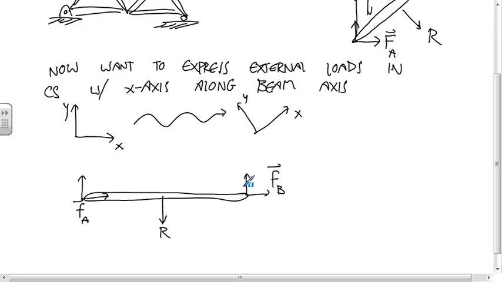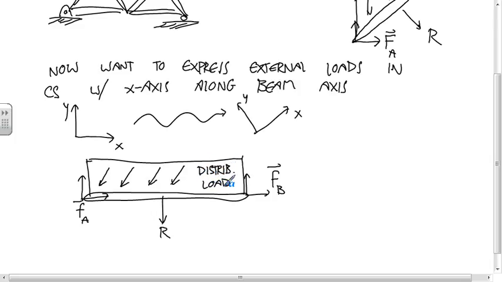Now you can think of it as this distributed load that's angled in this direction. So the distributed load is now a vector with x and y components.